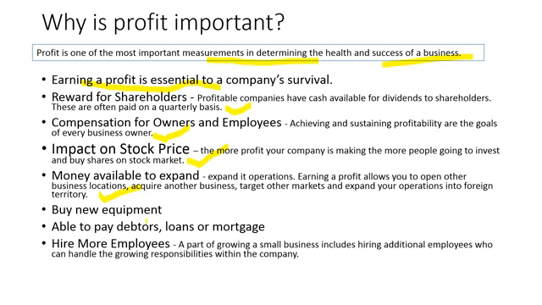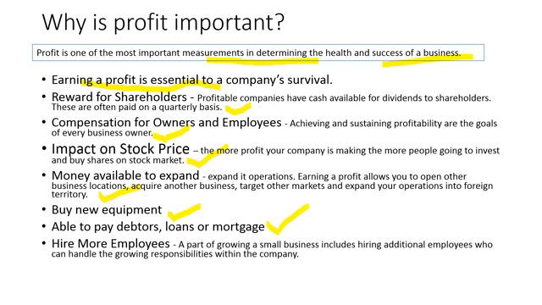Buy new equipment. Profit is important because we can buy new equipment when we are making profit. Ability to pay debtors, loans or mortgage. If we have a mortgage or loans and we are making profit, we can pay these back, and that is why profit is important. Hire more employees.